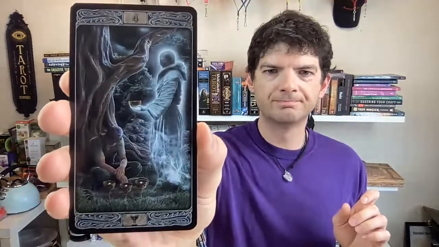The happiest moment. So we got the Four of Cups. Sort of stable, not unstable.